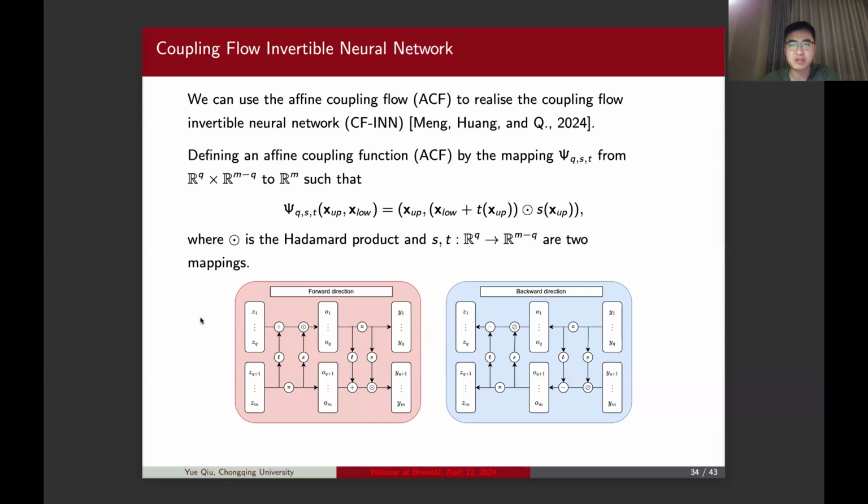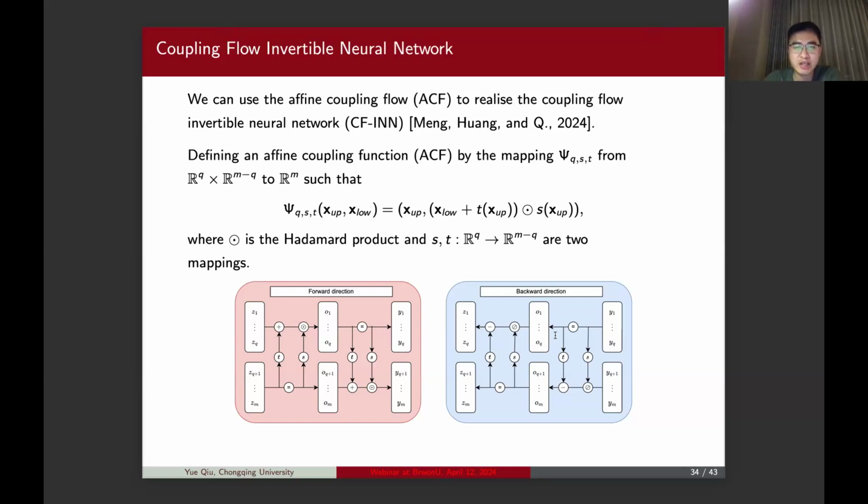approximate any nonlinear mappings. With this setting, it is easy to prove the invertibility of the forward direction, and also for the backward direction, it is easy to show that both the forward and backward directions are invertible.